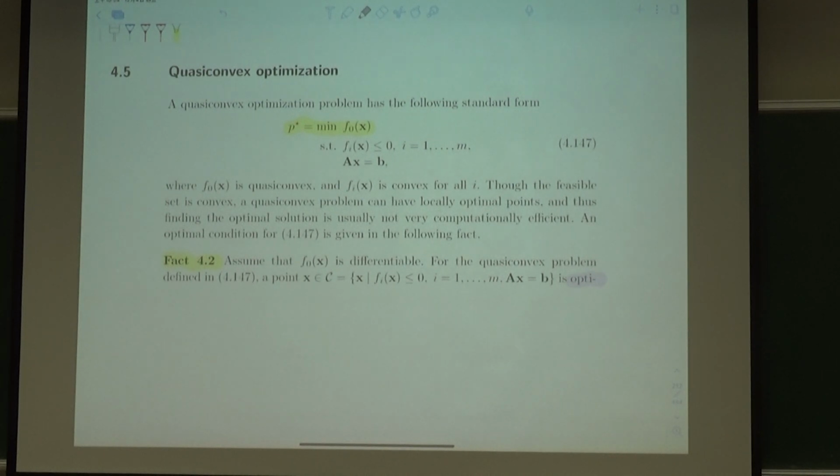In the convex problem, F0 is a convex function. In the quasi-convex problem, F0 is a quasi-convex function. That's it. The feasible set remains the same, a convex set. So F0 is quasi-convex. Okay, then it is quasi-convex, but not convex.